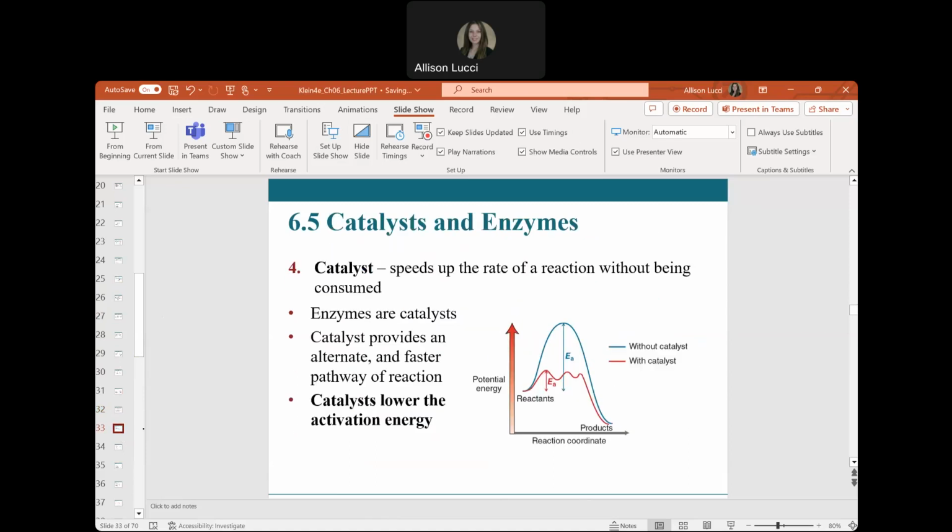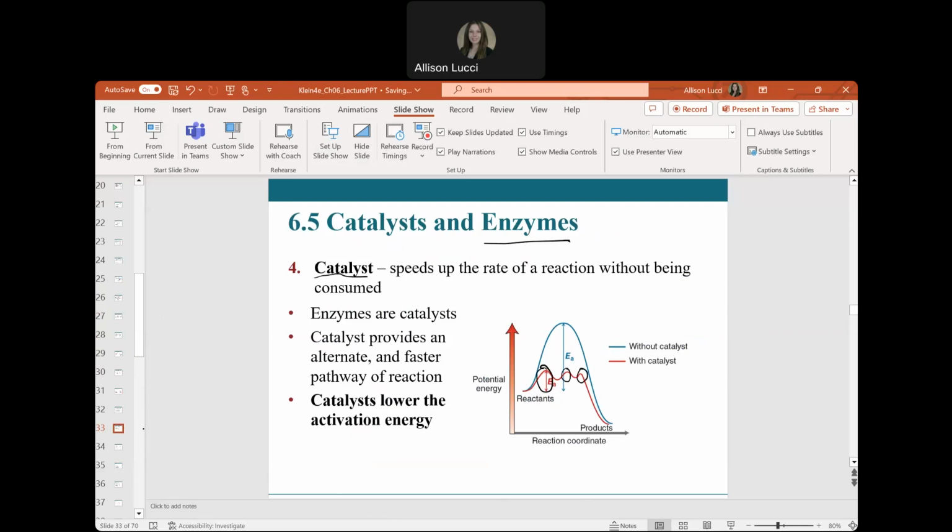So we looked at, lastly, when catalysts, or enzymes if we're talking about biological reactions, are utilized. These will speed up the rate of a reaction without actually being used up, right? So a catalyst just speeds up the reaction by lowering the activation energy. And as a result, it commonly changes the pathway here.